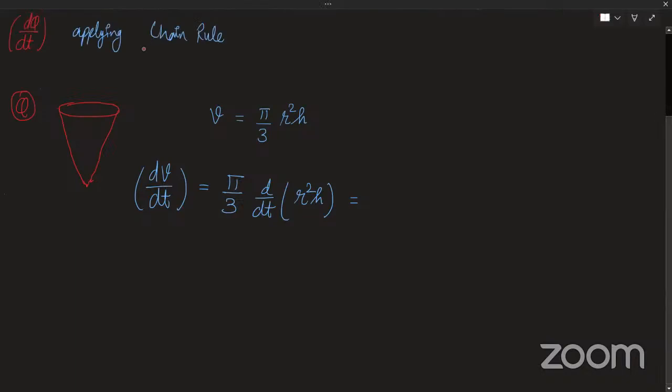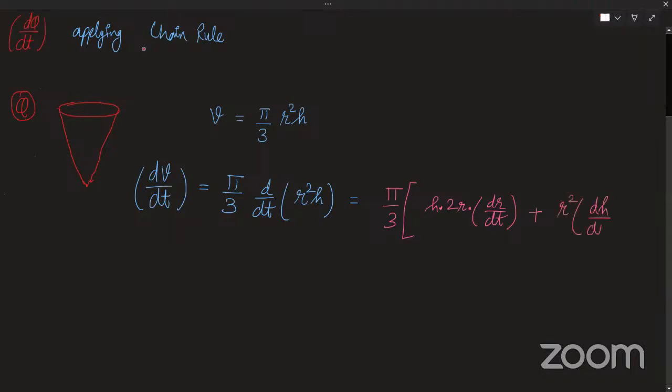Product rule, correct. So it will be pi by 3 into, what will be the derivative of r square? 2r, and we are differentiating with respect to t, so by chain rule it is multiplied by dr by dt, plus r square as it is and dh by dt.